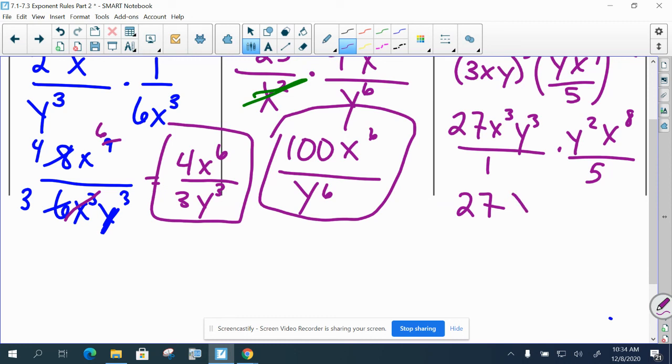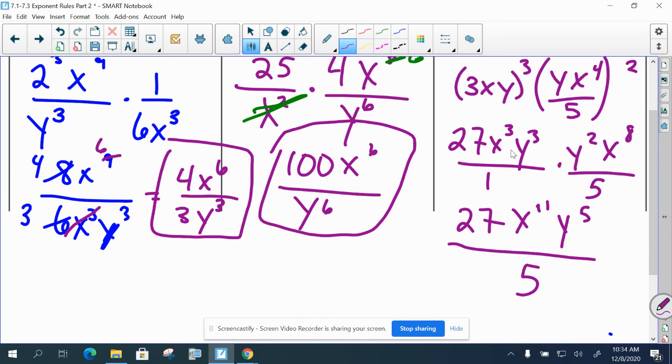So this would be x to the 11th and y to the 5th all over 5. Wait a minute, I did something wrong. I got to do 5 squared, which would be 25. Sorry about that.